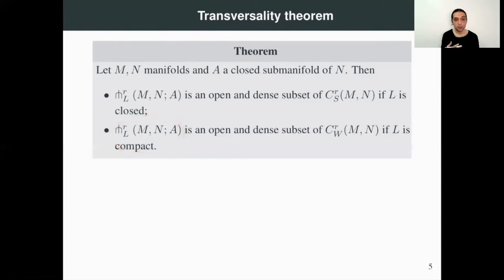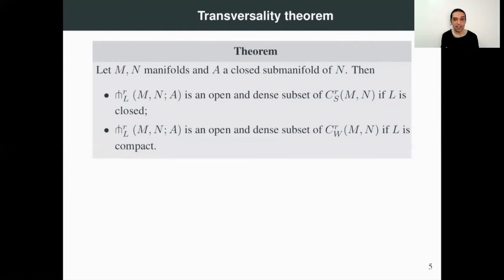With respect to the first one, what we can consider is a locally finite cover of L by compact sets. In any one of those, we are going to apply the local theorem.